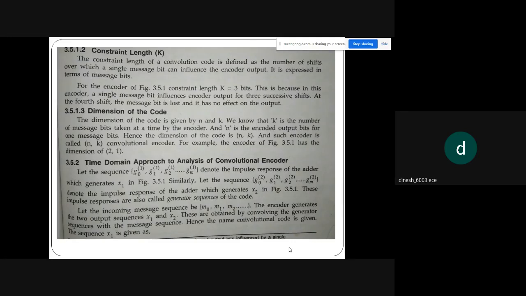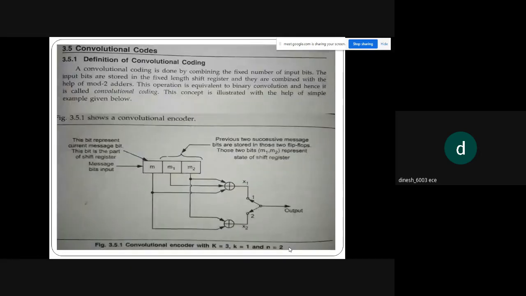So you can see that in the diagram we have two outputs, x1 and x2. So for this we'll have a generator sequence for x1, and for x2 also we'll have a generator sequence. So for x1, let the impulse response be G naught of 1, G1 of 1, G2 of 1 till Gm of 1. Similarly, for x2, the impulse response of the adder be G naught of 2, G1 of 2, G2 of 2 till Gm of 2.